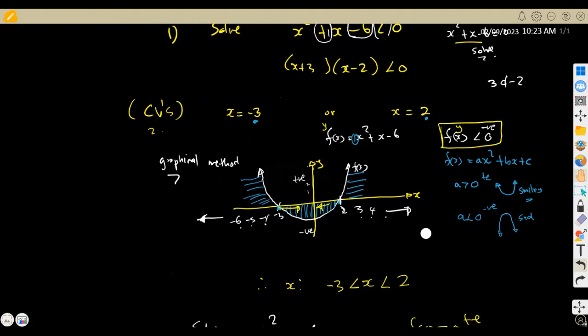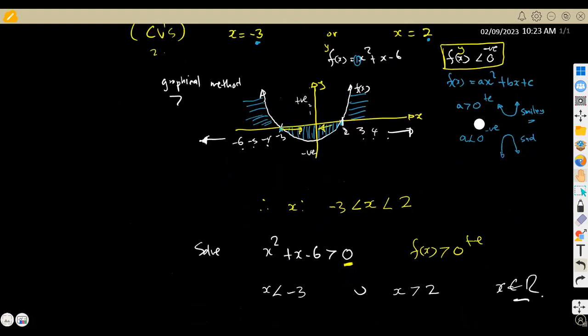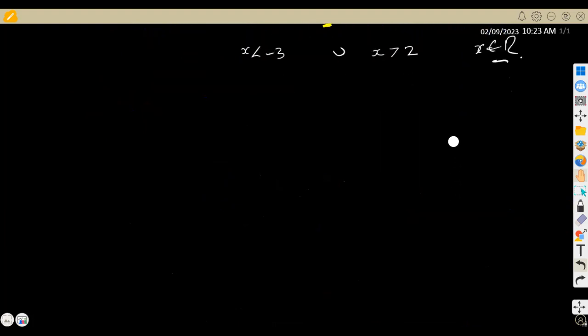So like I said, you can even use the table, whereby maybe you can use it on another typical question, which is very much easier with a table, where you'll be having rational fractions.